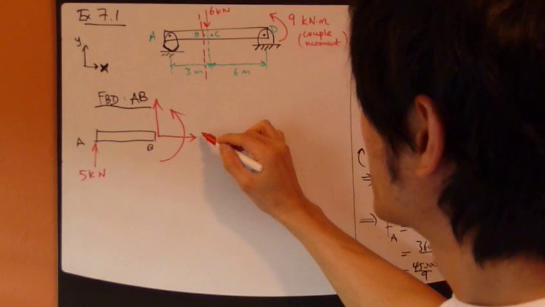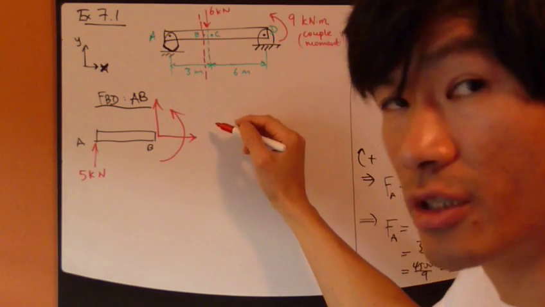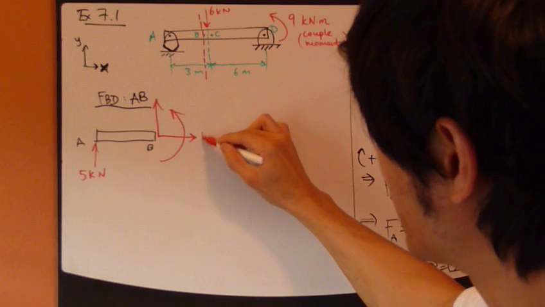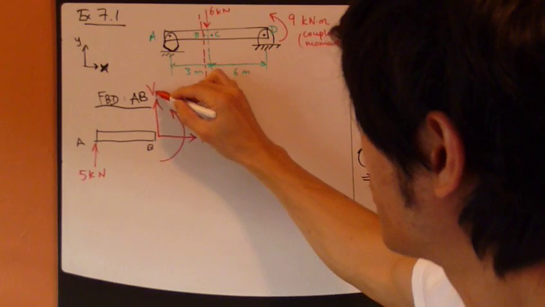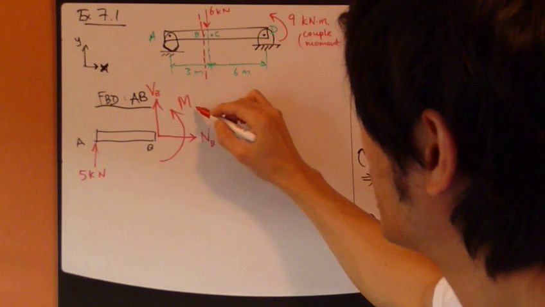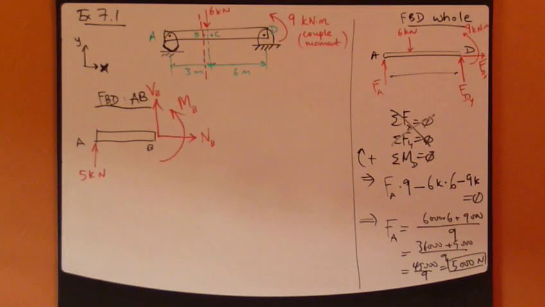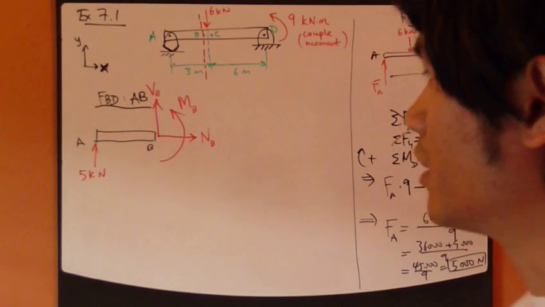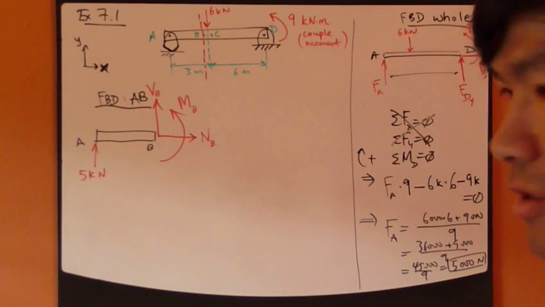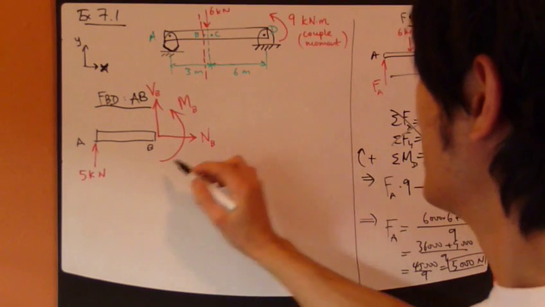Just to be consistent with the nomenclature of the textbook, I'm going to call this N, the normal force at B. This is shear force at B, and this is bending moment at B. So you have these 3 unknowns. So this is one free body diagram. The next thing to do is just apply the 3 equations.